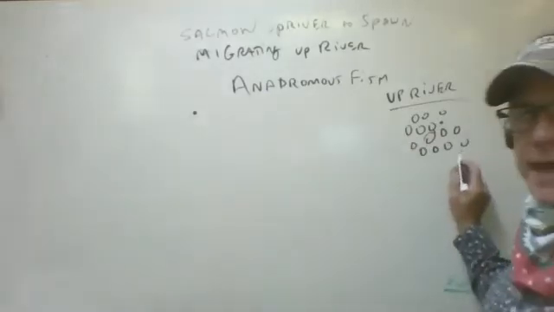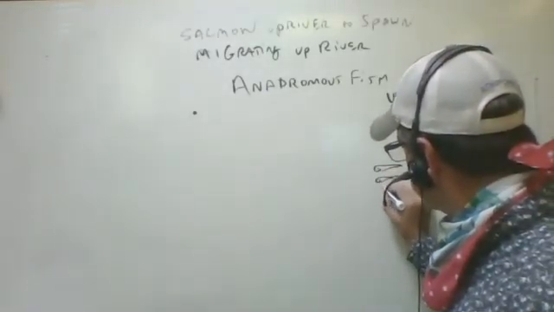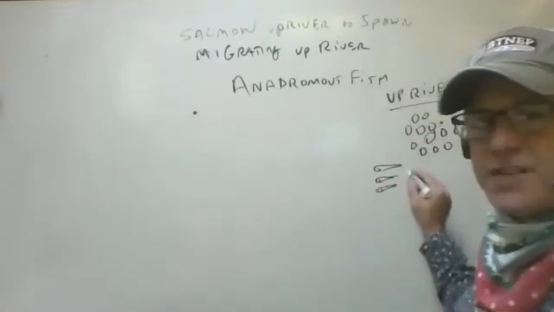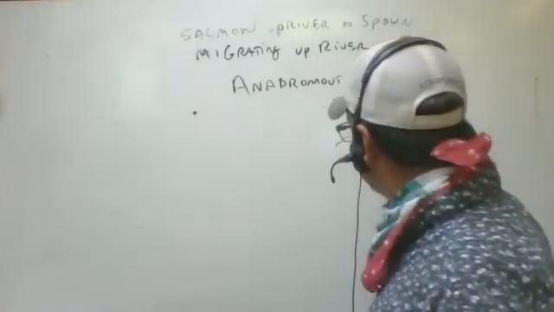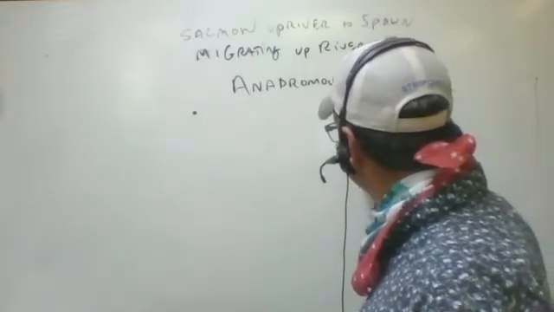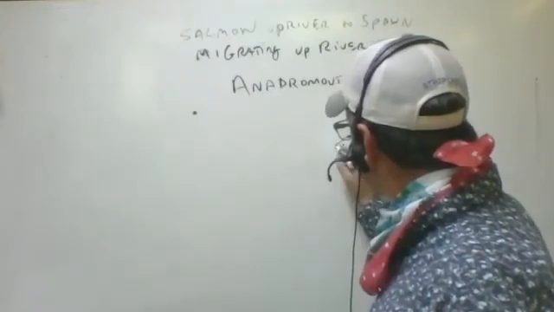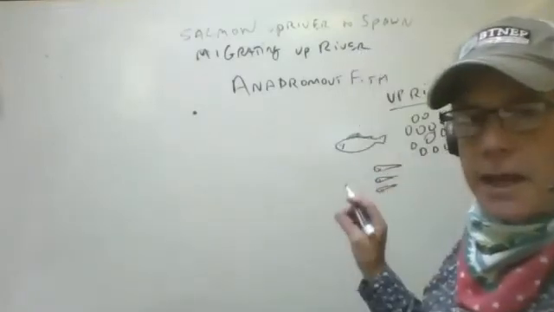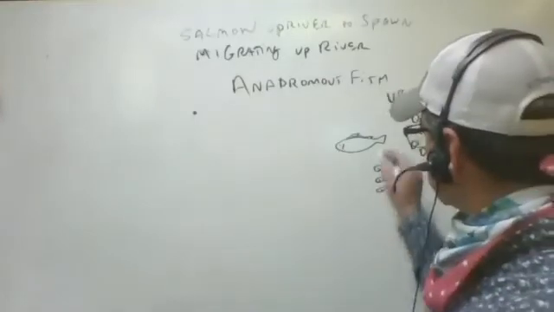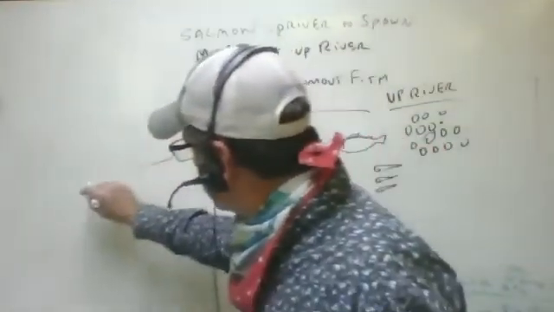These eggs hatch and what you get is some little baby fish. These baby fish live in the fresh water for a little while until they begin to look a little more like a little salmon. Salmon has a little adipose tail like that. Okay, and as juveniles, these salmon finally begin to go to the sea.